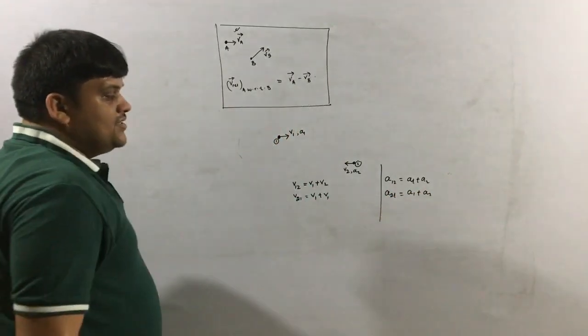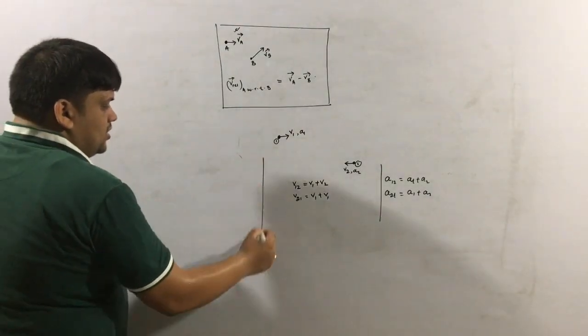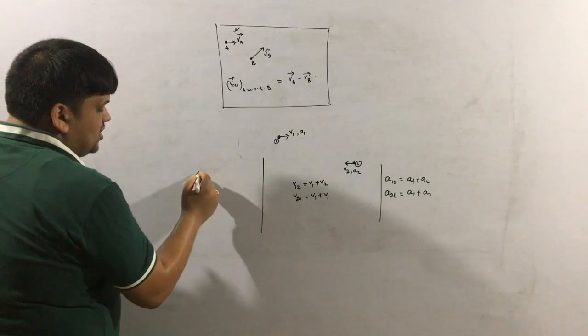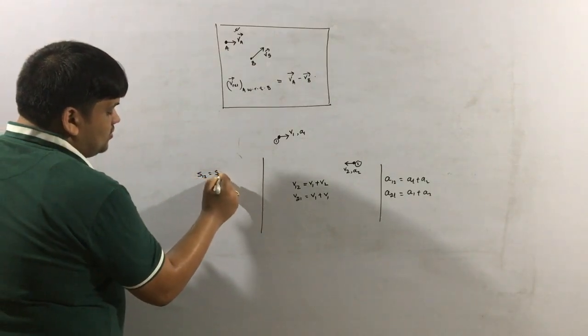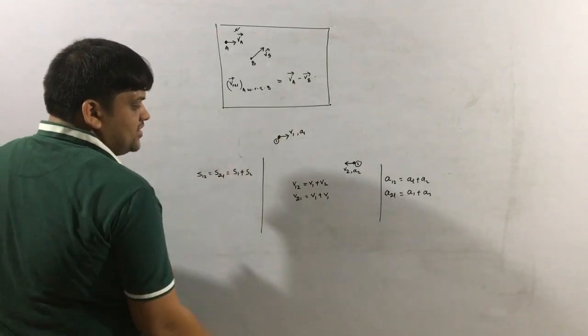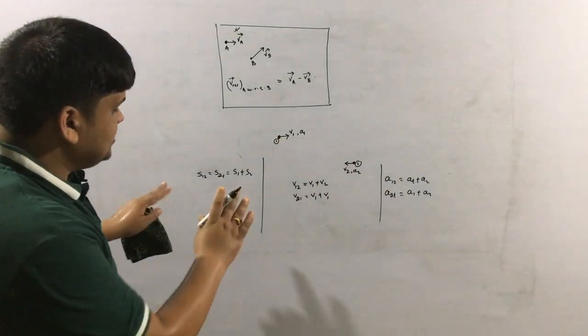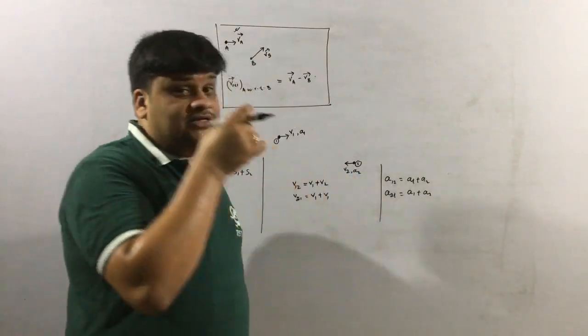Simply add them. Similarly you can do it for displacement: s12, or s21, equals s1 plus s2, the distance travelled by this one plus the distance travelled by this one. Here these are only applicable in one dimension, remember.